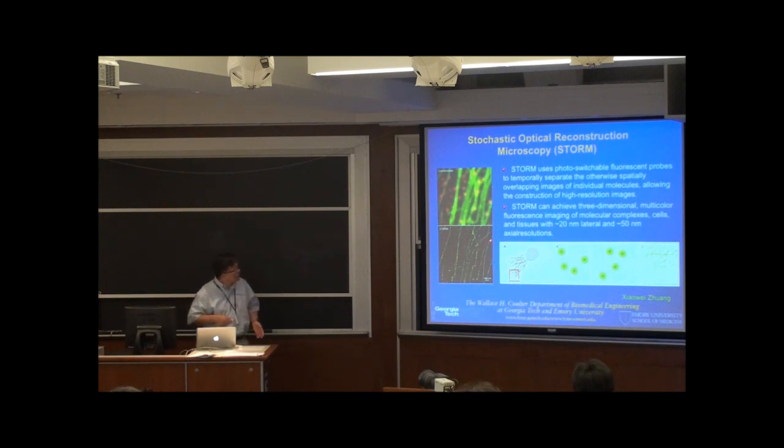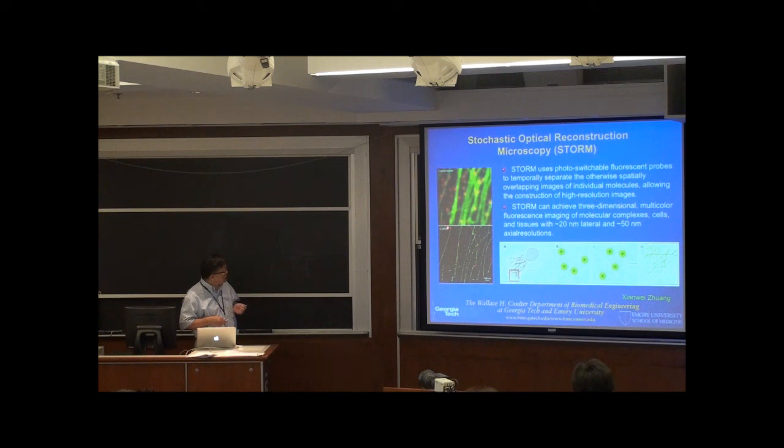For example, if you try to image microtubules, the conventional microscope gives you a very blurred image, because you do not have the necessary spatial resolution to image individual microtubules.